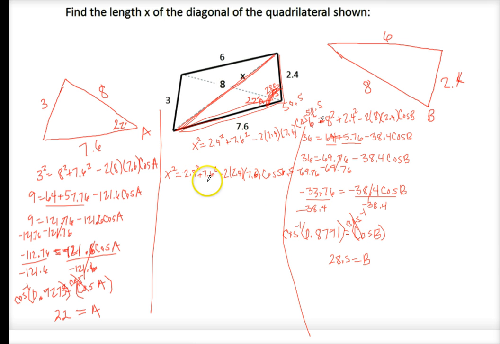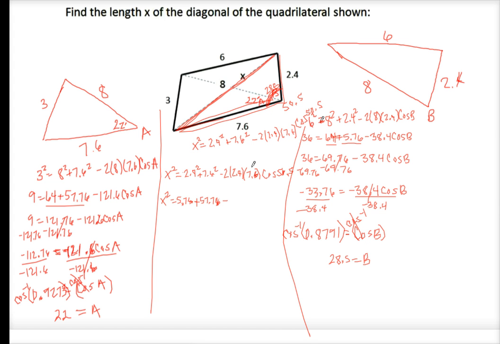I suggest going one step at a time, just because it can be hazardous to type everything into your calculator and hope that it comes out correctly. So I'm going to go one step at a time. I'm going to start with 2.4 squared, which is 5.76, and 7.6 squared we know is 57.76, minus 2 times 2.4 times 7.6, which gives me 36.48.